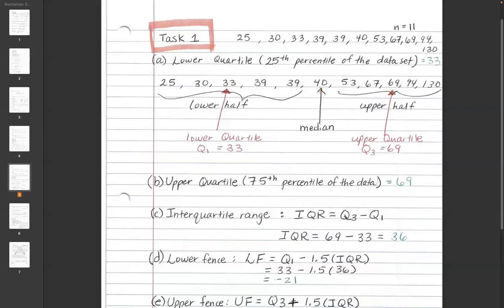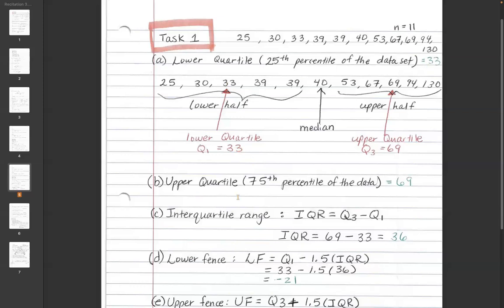So once I found the median and then the lower half and the upper half of the data, I started by crossing off the largest value of the lower half and then the smallest value, and so on and so forth. That center value here is 33. So that is going to be quartile 1, or the lower quartile, and that answers A, which is 33.